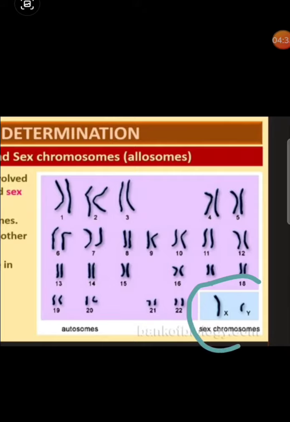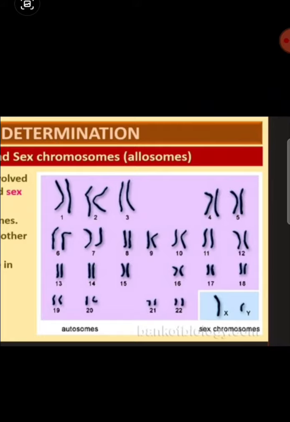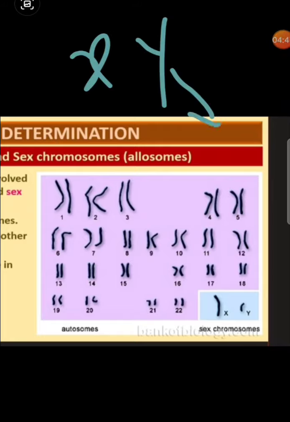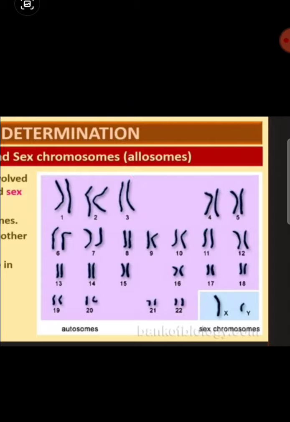And what are these sex chromosomes? The last pair is also the same. One will be inherited from father and one from mother, okay? So X and Y chromosomes. Y will always be inherited from the father only, and X will always be inherited from the mother.